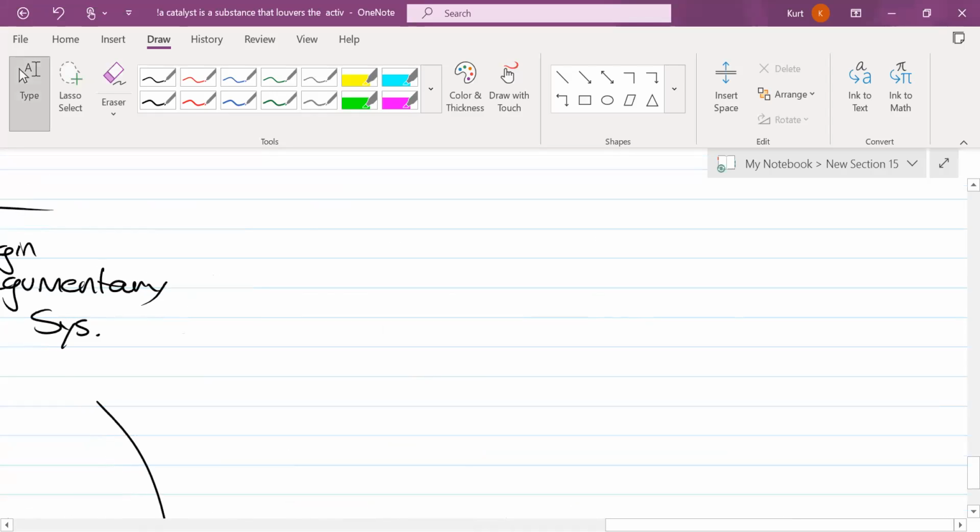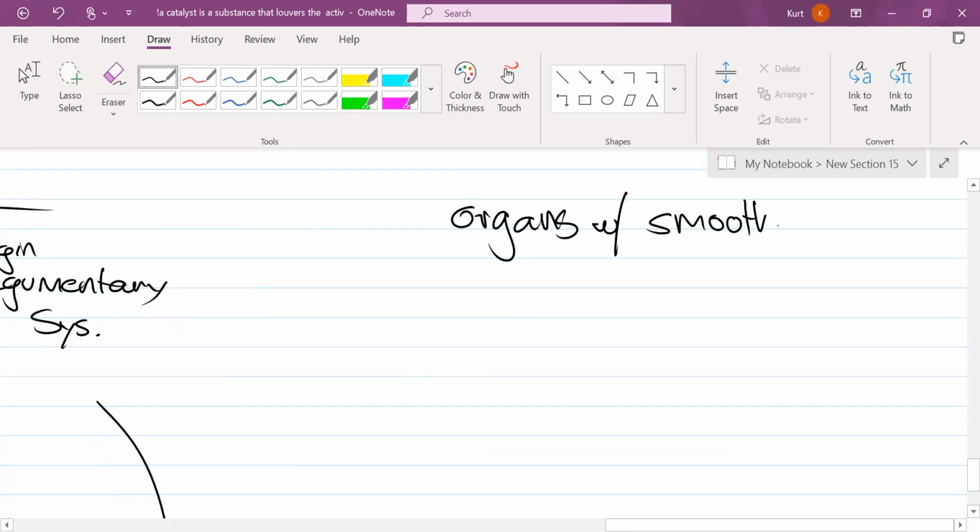Can you guys tell me some hollow organs in your bodies? Stomach does have, let's write this down. Organs with smooth muscle. What is the organ that leads to your stomach from your mouth? Esophagus.